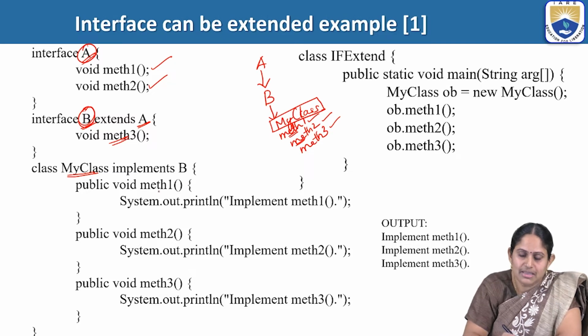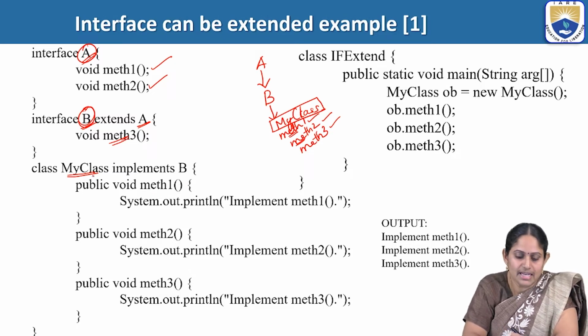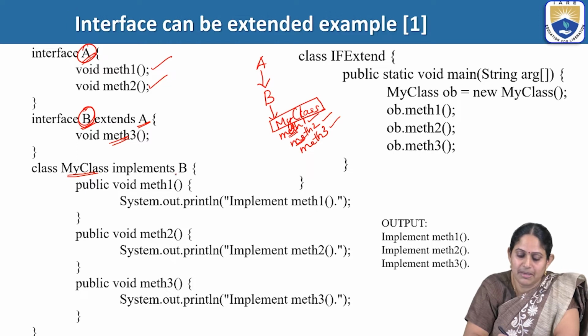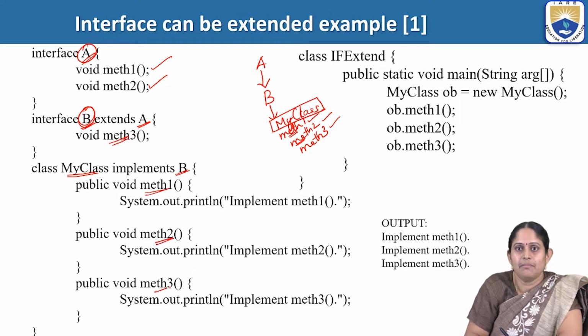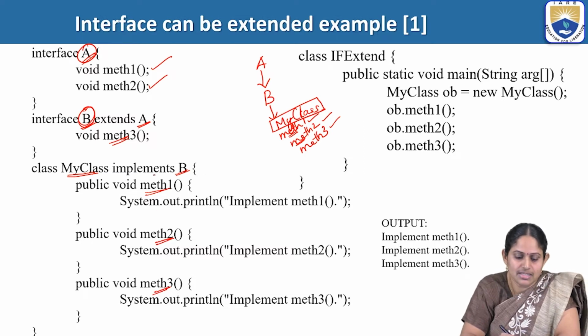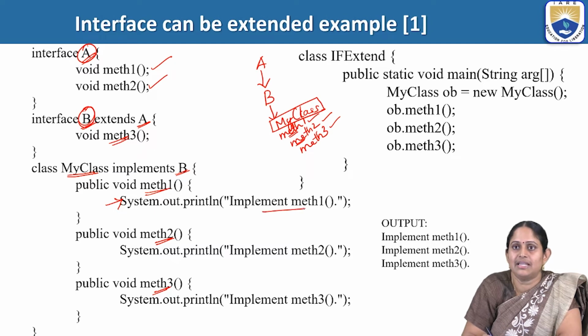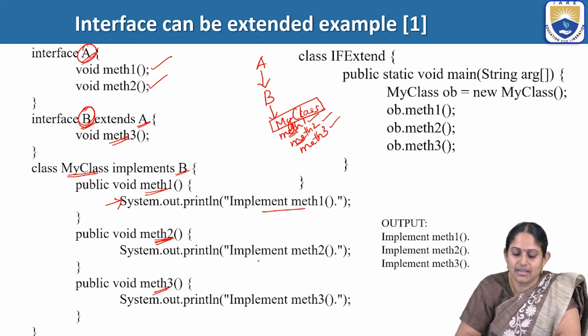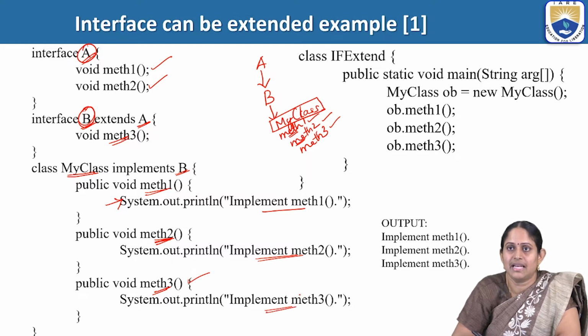Since MyClass implements B, it has meth1, meth2 and meth3. Meth1 simply displays the statement implement meth1, meth2 displays the statement implement meth2, and meth3 displays its own statement like this.